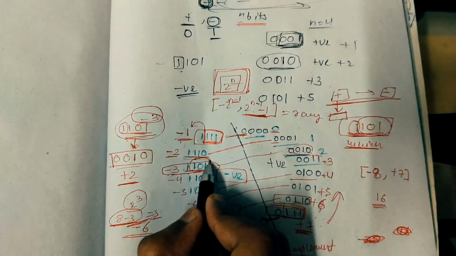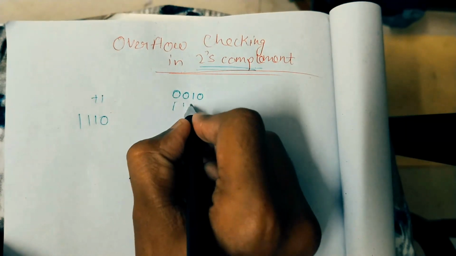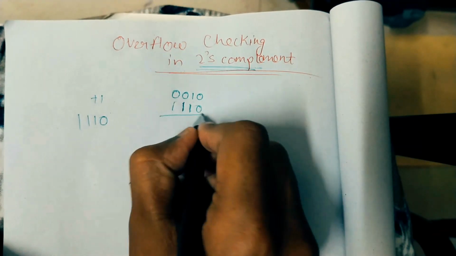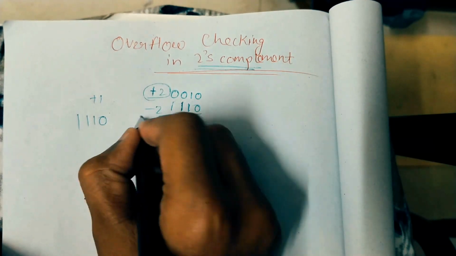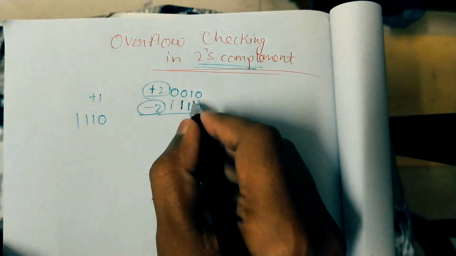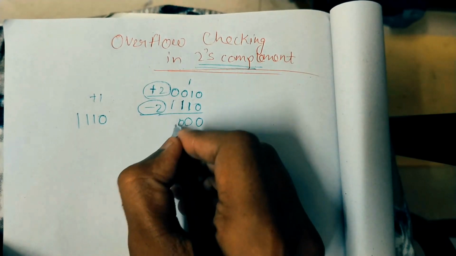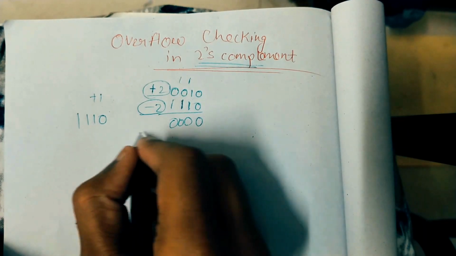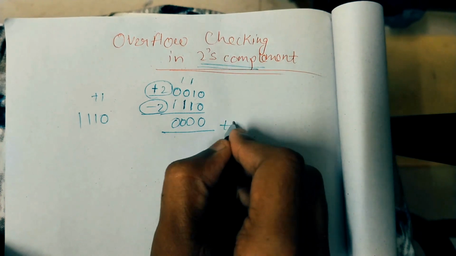Let's just confirm once. Yes, this is -2. If you add these two, +2 and -2, obviously you will get 0, and it works here. You add these two, 0, carry 0, and you discard the last carry that you get, so this is 0.